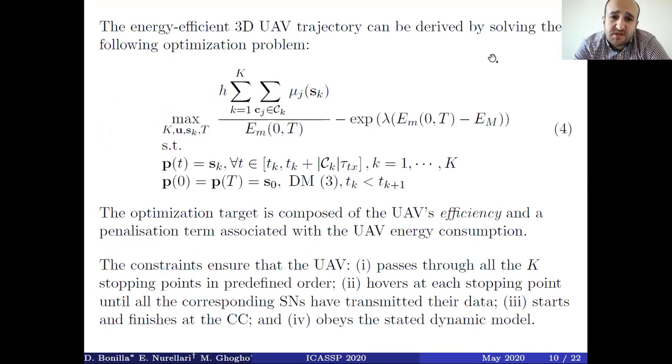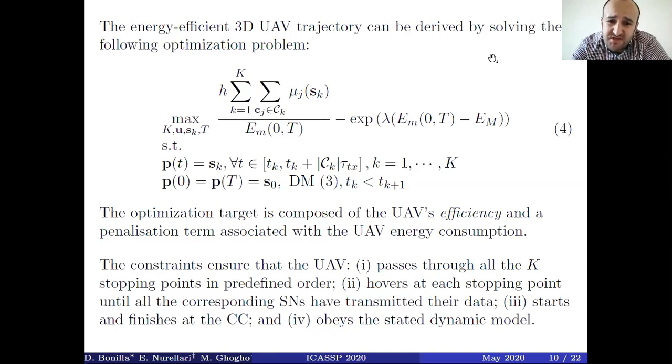This optimization problem maximizes the efficiency, which is the first term on the first line, and the second term is the penalization term, which assumes that the energy consumption is bounded and allows us to carry out the optimization. So really, it is a mathematical term and not much more in terms of the optimization.